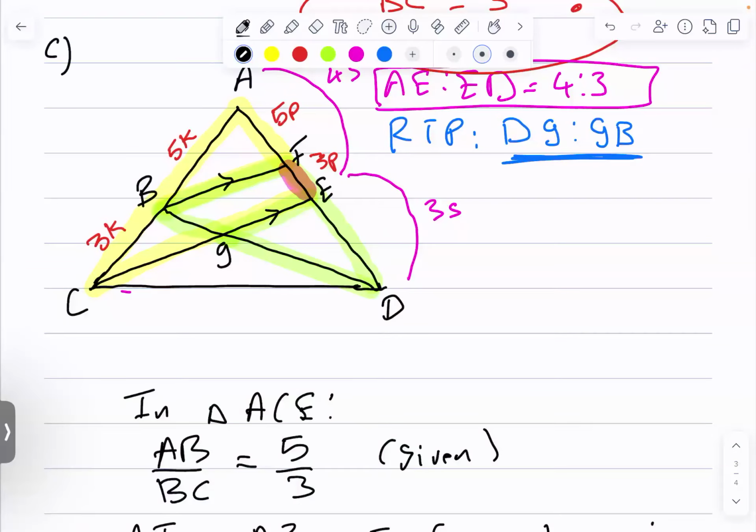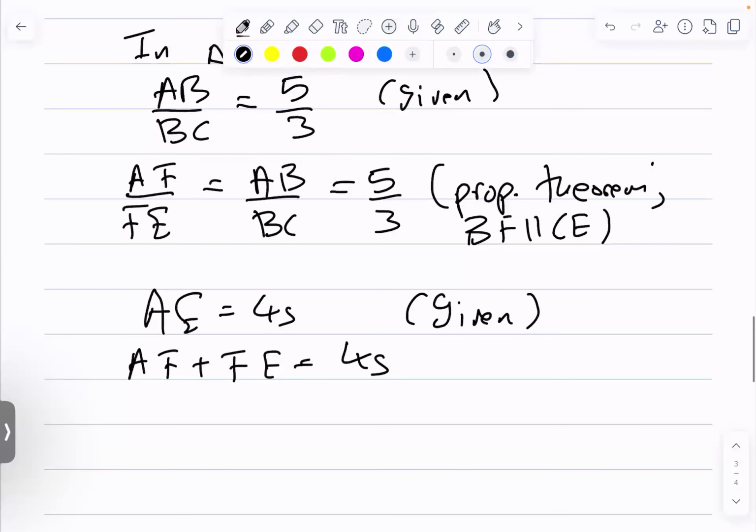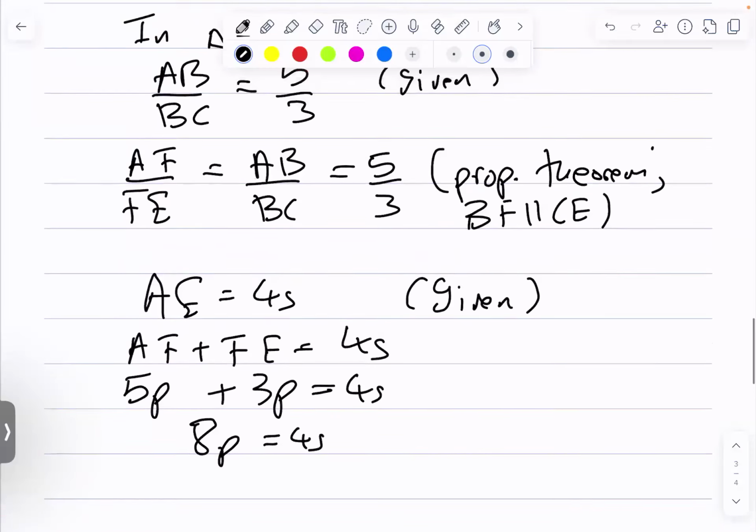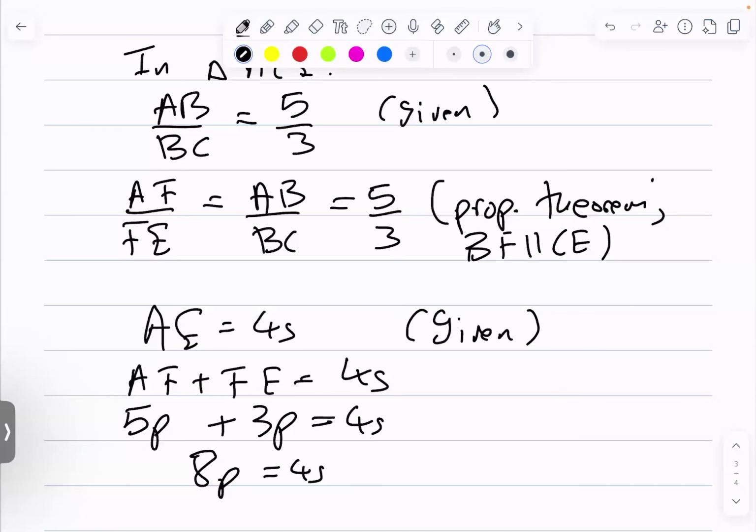And then from there, we can see that AF is 5P and FE is 3P, and all of that equals 4S, and then we simplify. We're going to say 8P equals 4S.